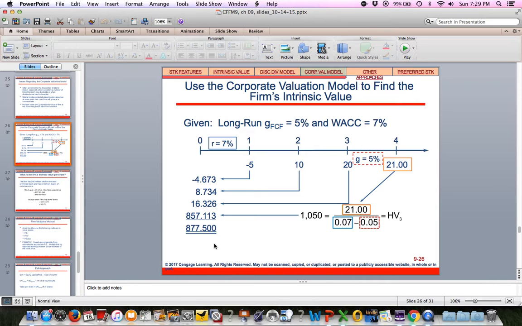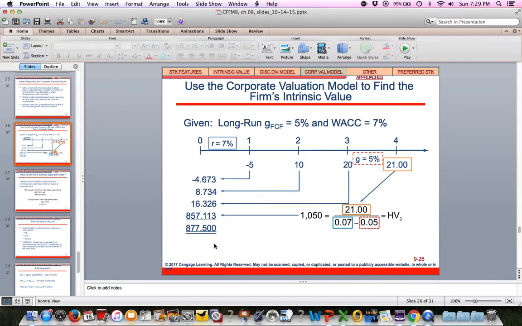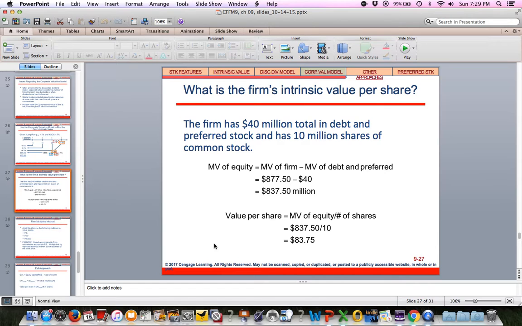Okay, now that's not per share of stock, that's just in total. And so what we can say is the firm has 40 million in debt in preferred stock and the 10 million shares of common stock. So what I have to do is take that cash flow of 877 and subtract the debt and preferred. Okay, so what I'm saying is the market value of equity is the 877.50 minus the market value of debt and preferred shares.